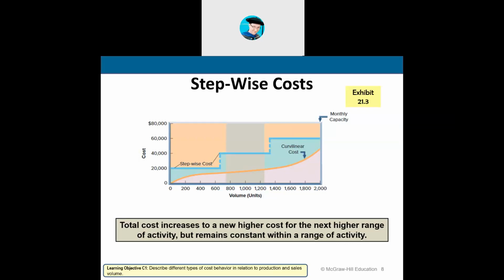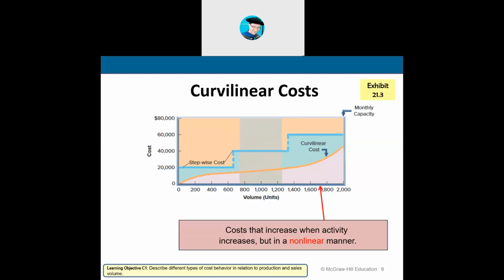So like every 700 units of production, my cost will increase. It looks like a staircase, right? That's why they say it's a stepwise cost. Some companies use this to represent stages of activity. The cost will go up a little bit based off of each batch being produced. And I'll talk about batches as well.